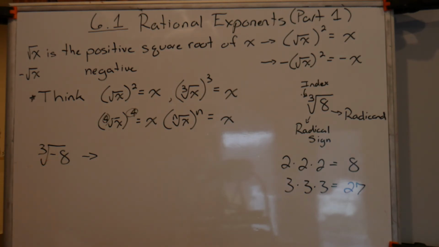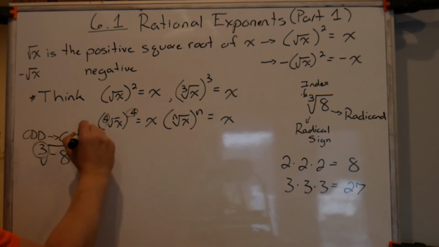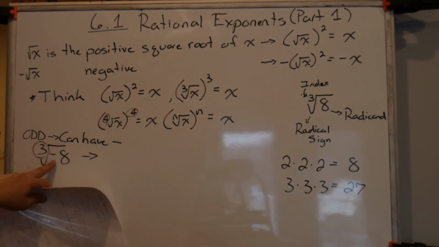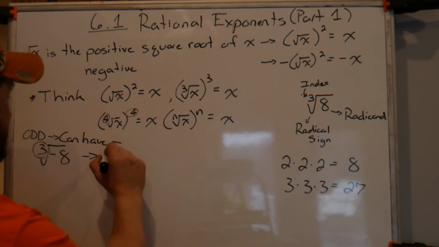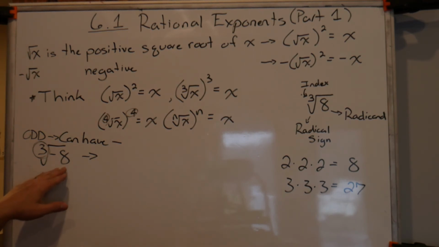So when we have the cube root of negative 8, when we have an odd index, we can have a negative. So you can have a negative under this. You think of it as a square root symbol. It's the radical sign, but under that radical you can have a negative number as long as it's an odd index that you're looking for, because what this means is what number times itself 3 times equals negative 8.